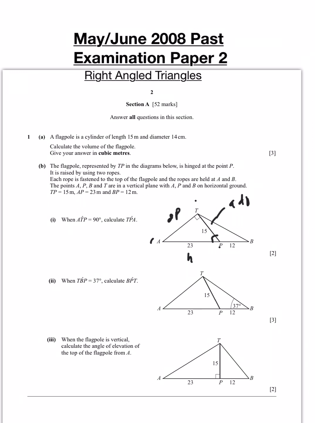We label the side so that we don't get confused. What we are given: the hypotenuse is equal to 23, and the adjacent side is equal to 15.